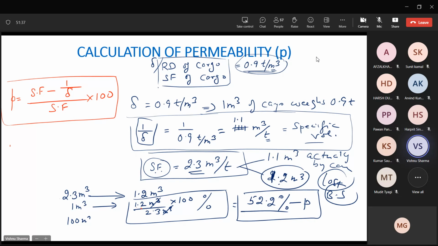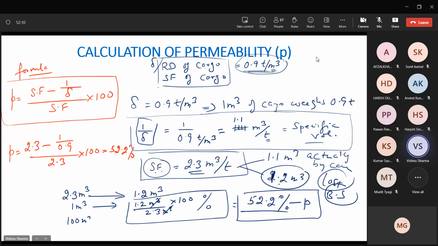So if I put here stowage factor 2.3, 1 by density, 1 by 0.9, divided by stowage factor into 100, it will give you the same 52.2%. So this is the formula you can directly use for calculating permeability if you are given the density or RD of the cargo together with its stowage factor, and the permeability is not directly provided in the question.